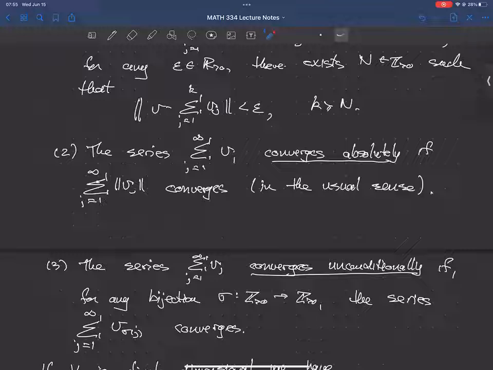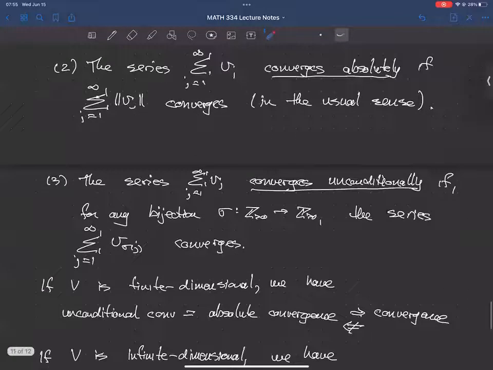And really that just means that it doesn't blow up to infinity. And so we'll see how to do that. And then also we can come up with a restatement of this definition of unconditional convergence, which actually makes sense for arbitrary sums.